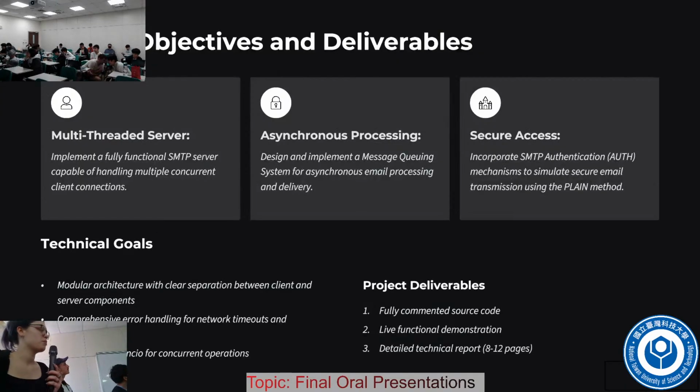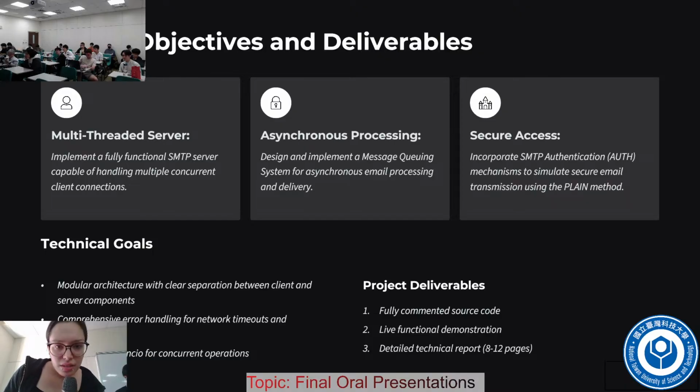So the points that we wanted to focus on is the multi-threaded server, which we do by implementing a fully functional SMTP server capable of handling multiple concurrent client connections; asynchronous processing, by designing and implementing a message queuing system for asynchronous email processing and delivery; and secure access, by incorporating an SMTP authentication mechanism to simulate secure email transmission using the PLAIN method.